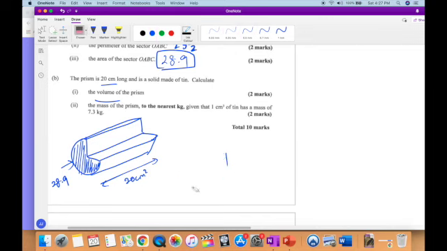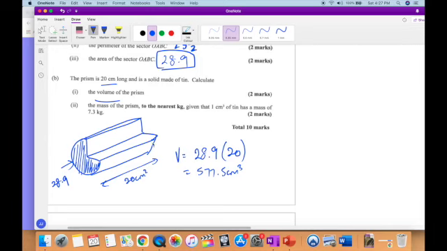So the volume of the entire cylinder would be the area of the base multiplied by the height. So this multiplied by 20 gives us 577.5 centimeters cubed. That's what you got.